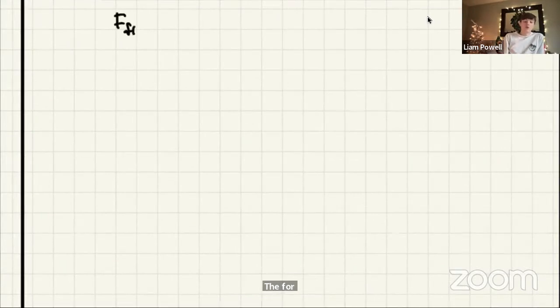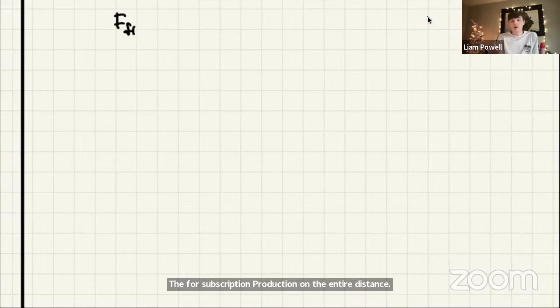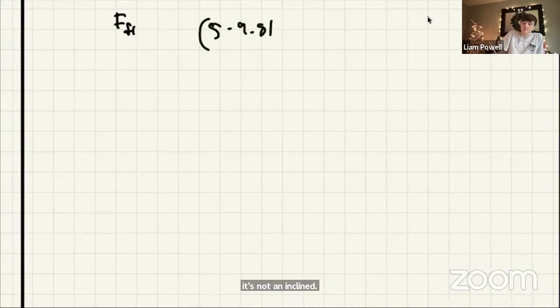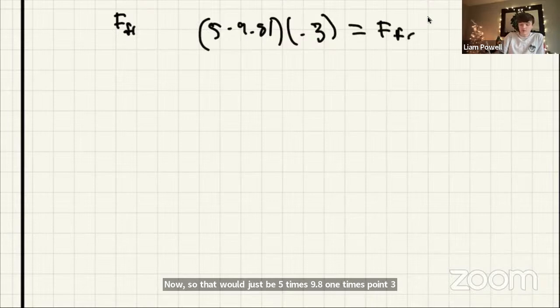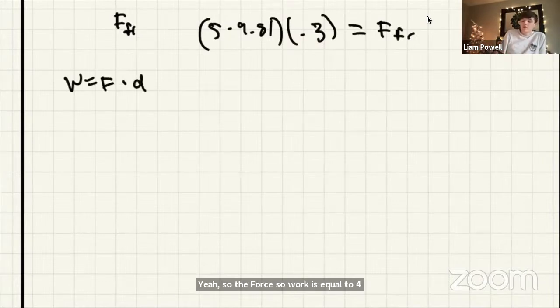That is equal to the full normal component, since it's not on an incline now. So that would just be 5 times 9.81 times 0.3, and that is the force of friction. So work is equal to force times distance, and this work is equal to the change in kinetic energy again.